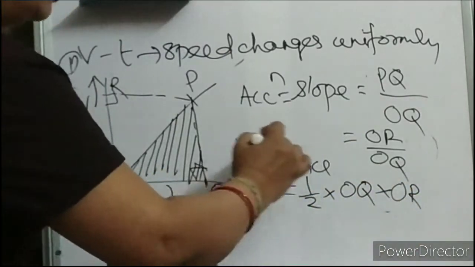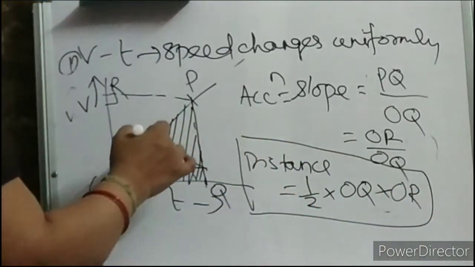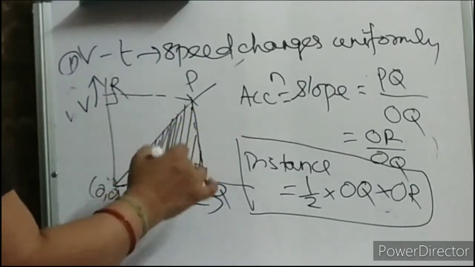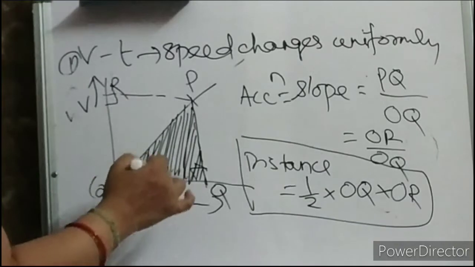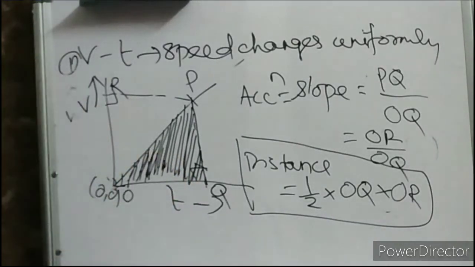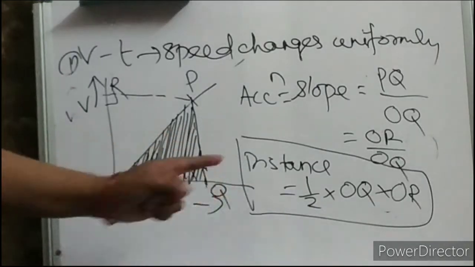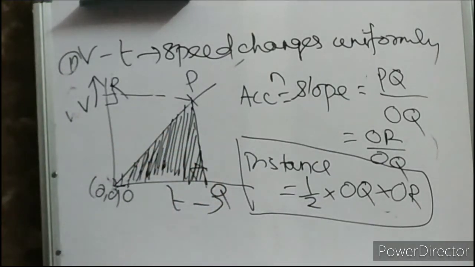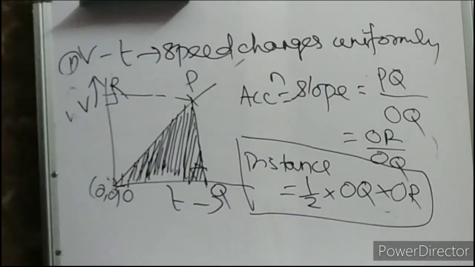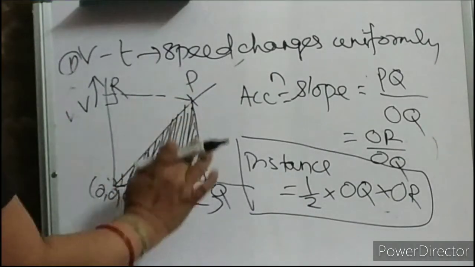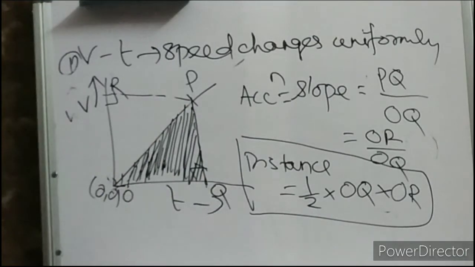So the area enclosed by the curve or the graph gives you the distance traveled by your body. So this is the area of the triangle. So distance traveled is equal to area of the triangle OPQ. Hope I am clear with this.